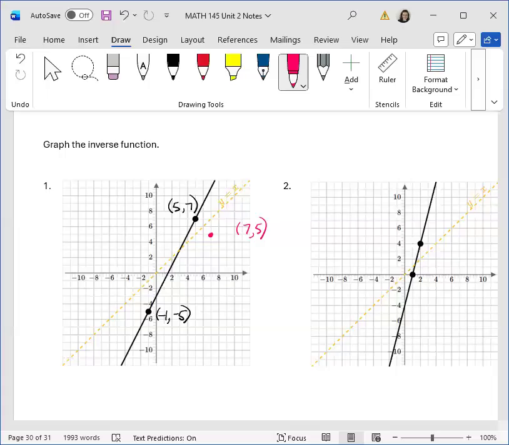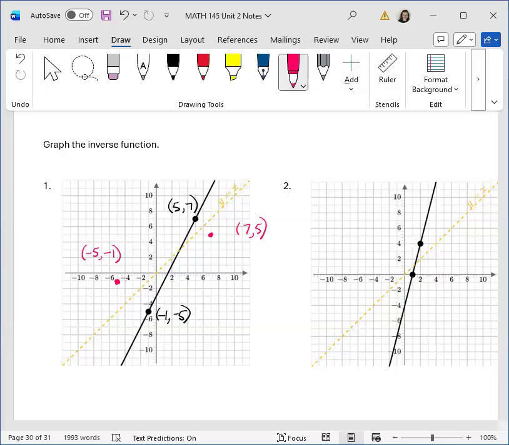The inverse of this point here, if I interchange the x and the y coordinate, is going to be at -5, -1. So graphing that point, -5, -1 is right there. Notice again, it's reflected over the y equals x line. So connecting these 2 pink points would give me the inverse of that function.